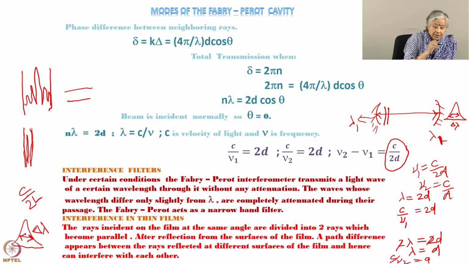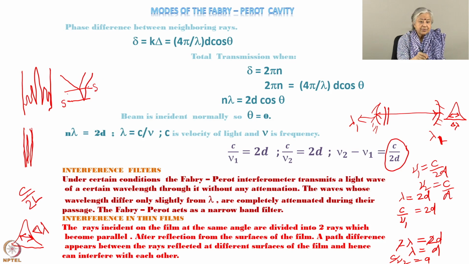This is, say, a thin film. So I have a ray which will go here and it will come out and it will go here. So there will be many. This is one surface and this is another surface of the film. It is a very thin film.